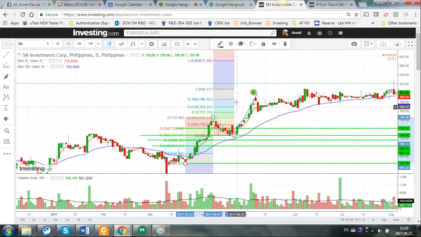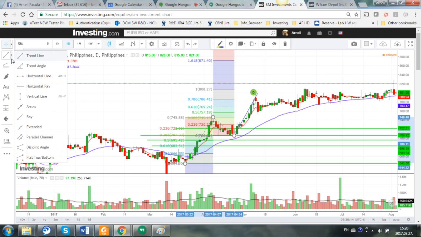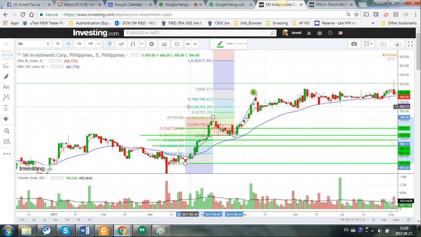So now you have the target price. Okay, so actually, target price, yung most probable is 61.8. Ito na lang. So, the others are also possible, but the most probable is 61.8.